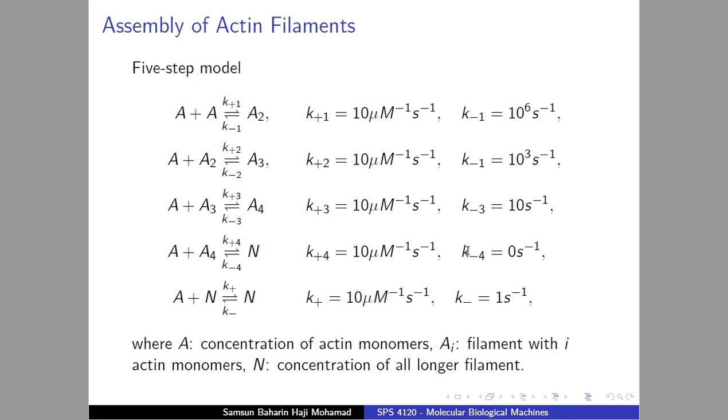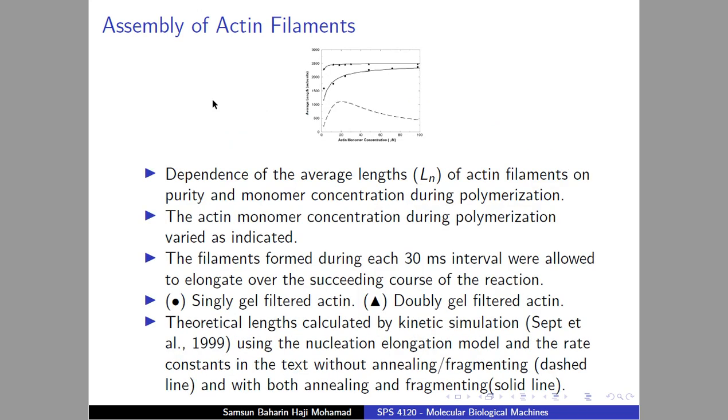It goes from left to right, but it will not go from right to left. As we see, these are 0, but it's supposed to be 0.001, so we can ignore this dissociation. Here we can see that the association also depends on the average length of the actin filament.